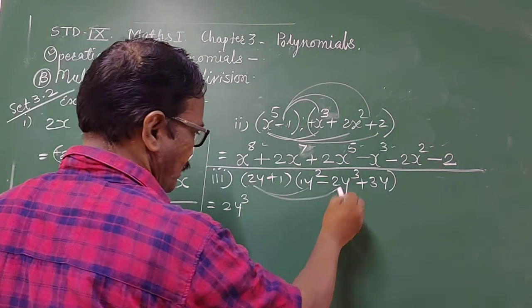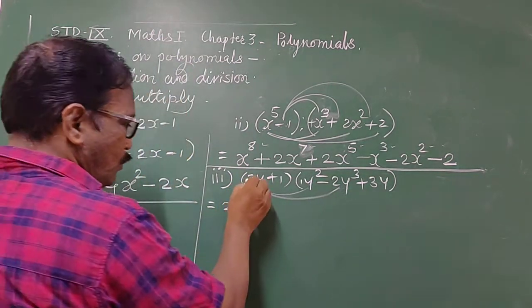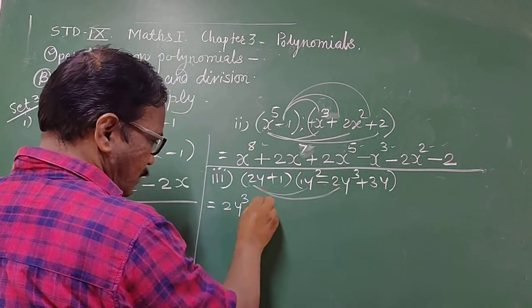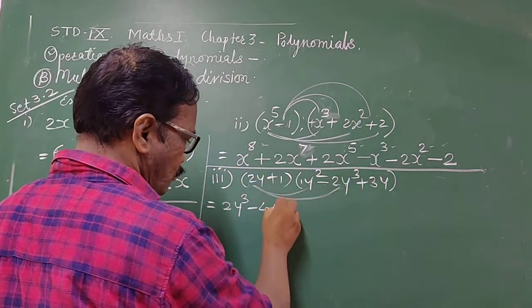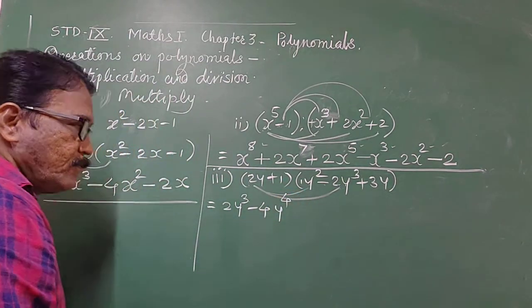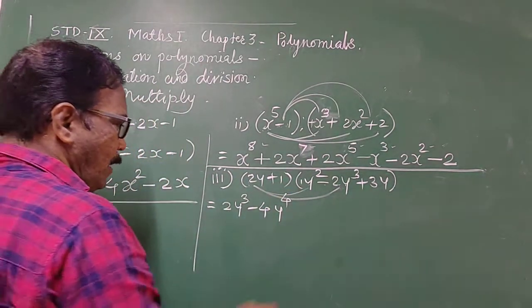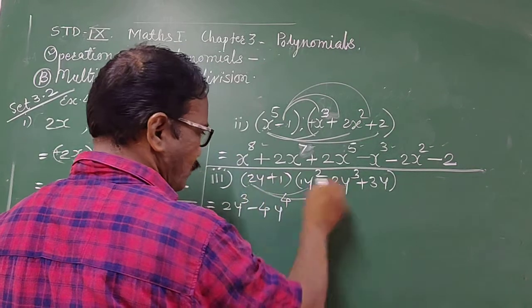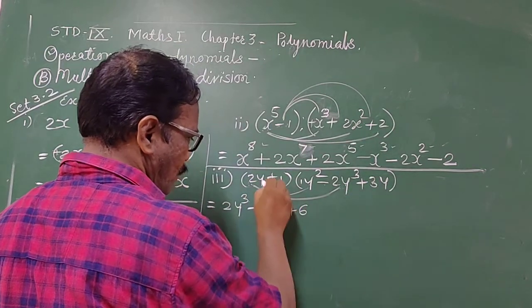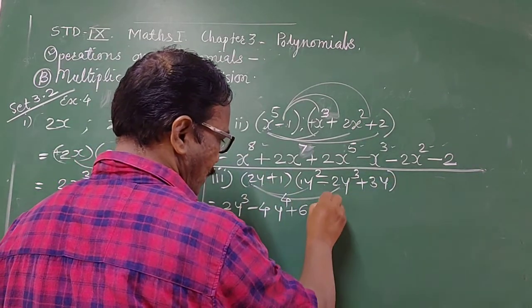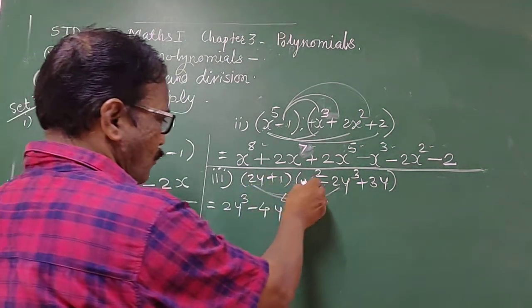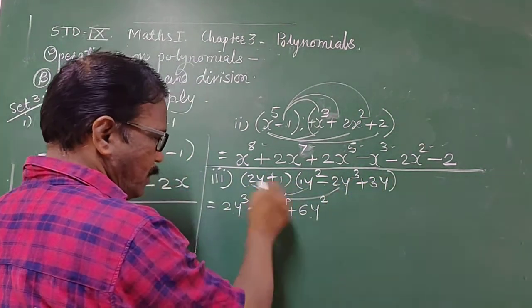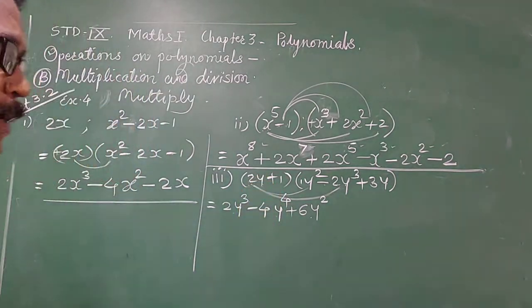Then 2 into minus 2 is minus 4, and y into y cube is y raised to 4. And the last term, 2 into 3 is 6, y into y is y square. So 3 terms are multiplied by 2y.